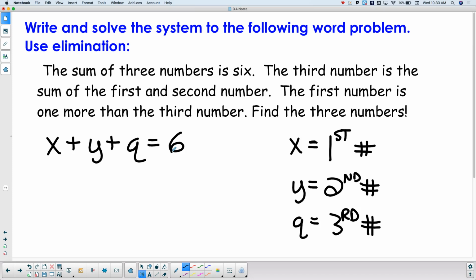Second equation. Do we agree with X equals Q plus 1 for the second equation? Got a lot of head shakes behind you. X plus Y equals Q for the second equation. Okay? All right?